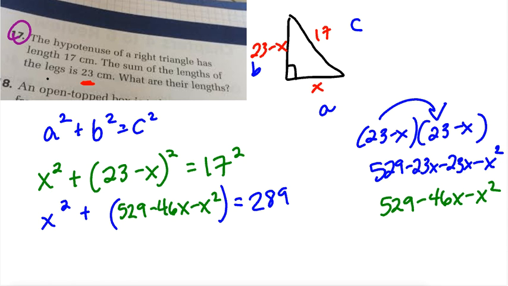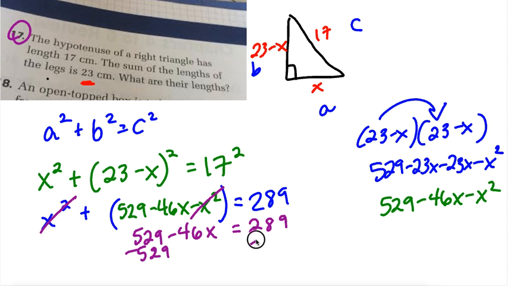Okay, so let's solve. If you notice, the x squared and x squared actually cancel each other out. Wait, the two terms combine to 2x squared, but the video treats them as cancelling. So now we have 529 minus 46x is 289. So now I'll just solve for x and get x by itself.